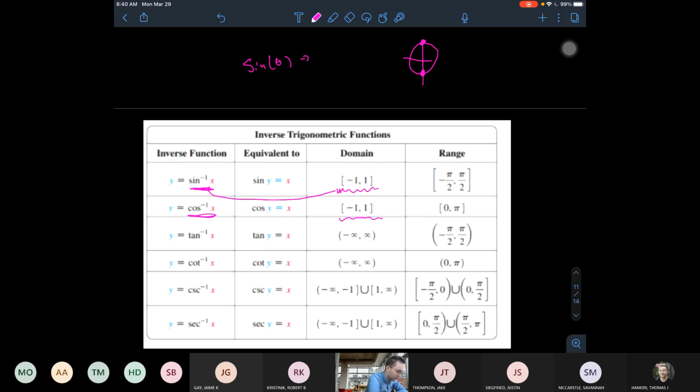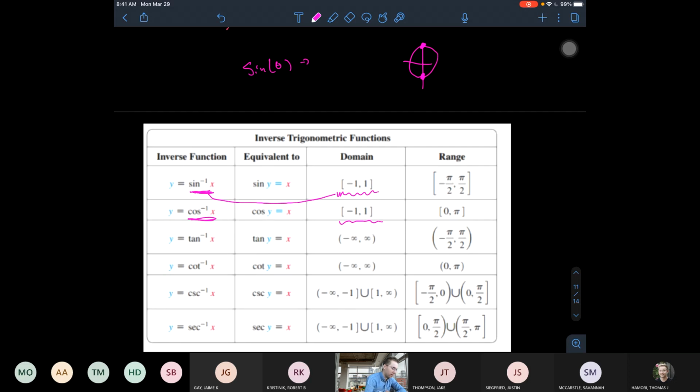And then the range is basically our limited perspective of where we're going to search for an angle which has that y value. When we're working with sine, we're working with -π/2 to π/2. So -π/2 is straight down and π/2 is straight up.